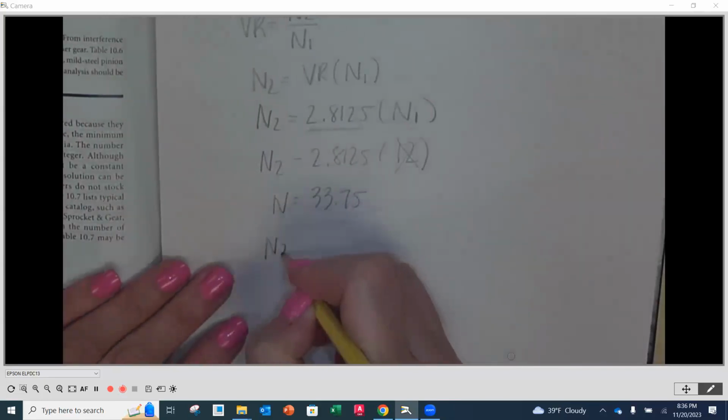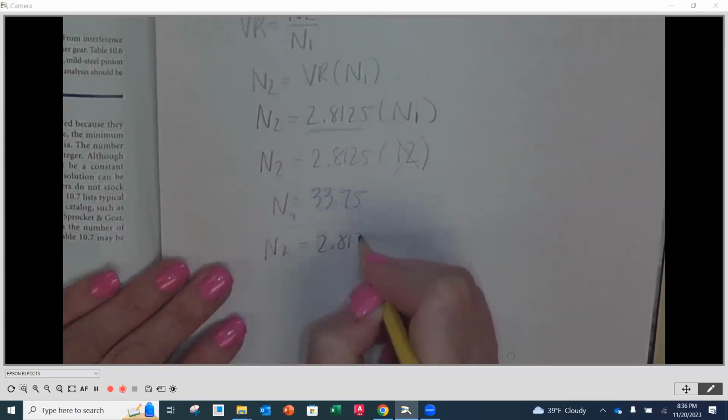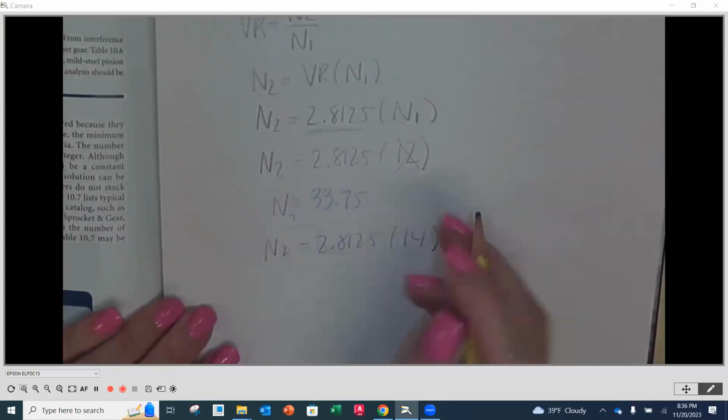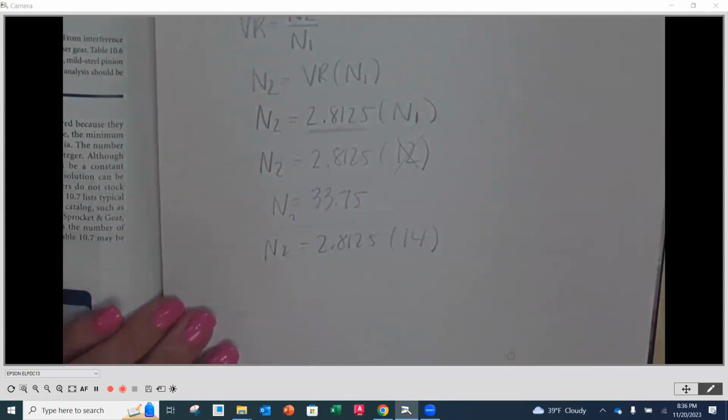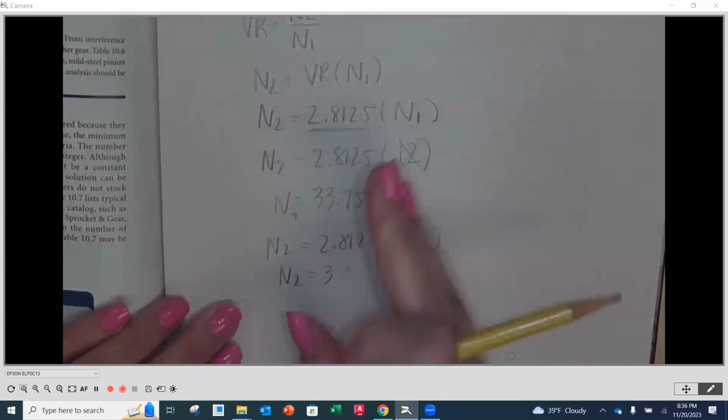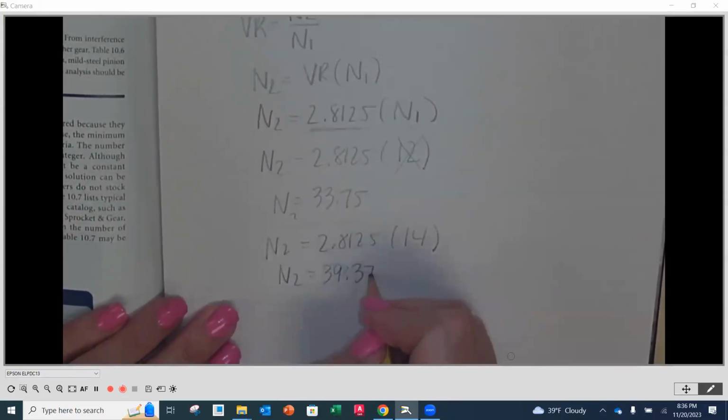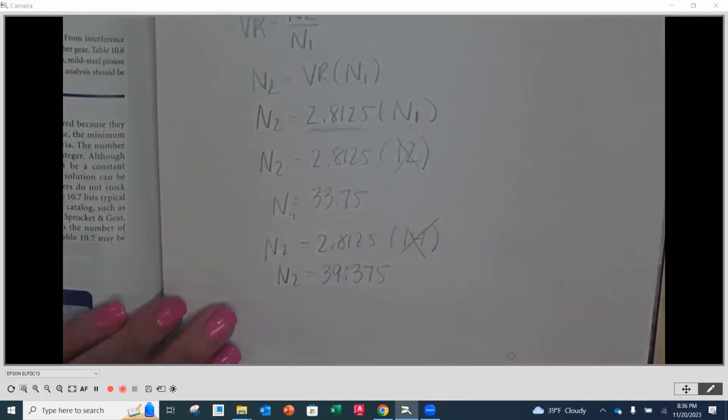N2 is equal to 2.8125 times 14, and we get N2 is equal to 39.375. Not going to work. So then we go to the next one.